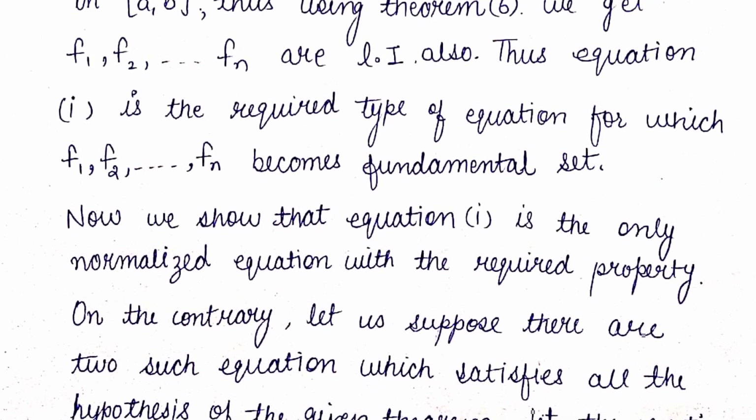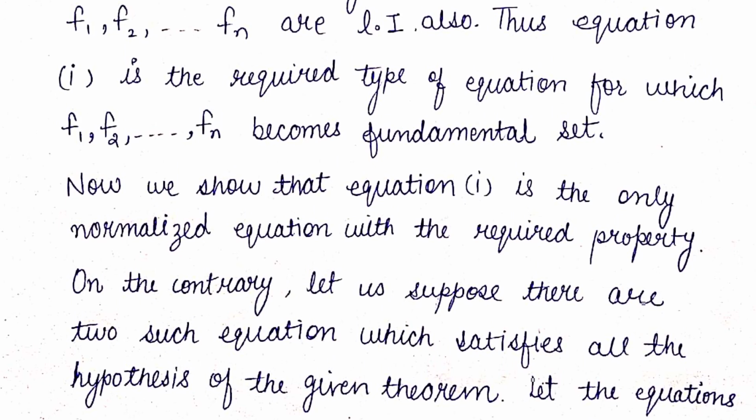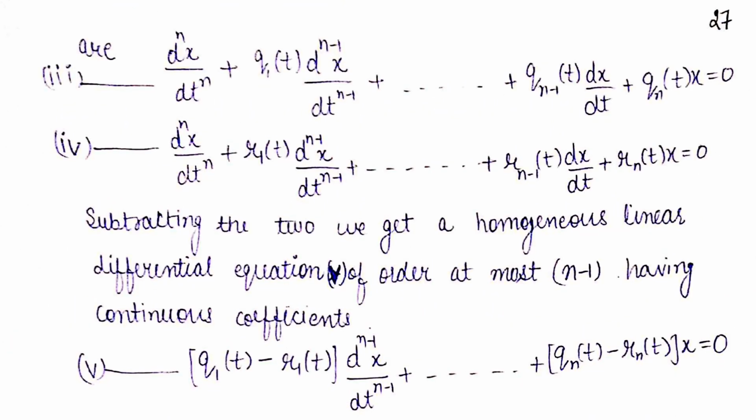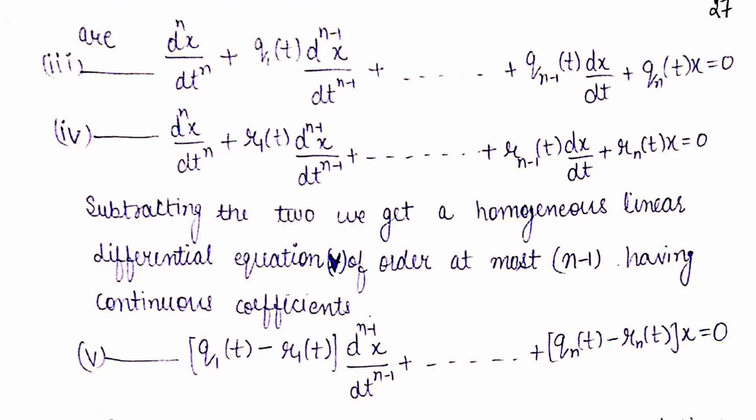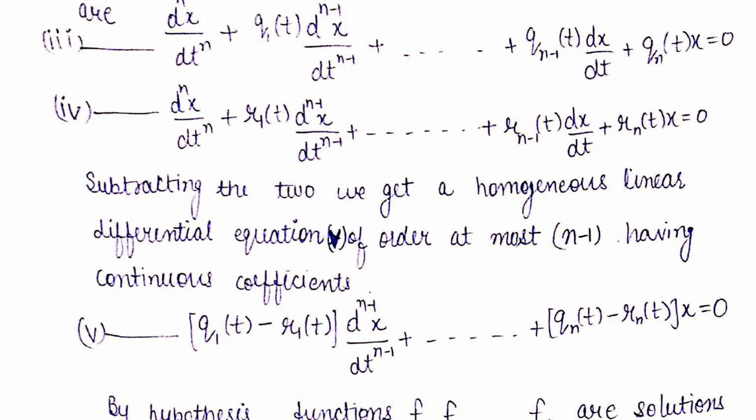So, on the contrary, let us suppose there are two such equations which satisfy all the conditions of the theorem, and let the equations be marked by 3 and 4.